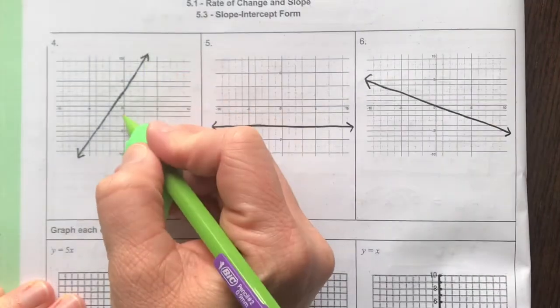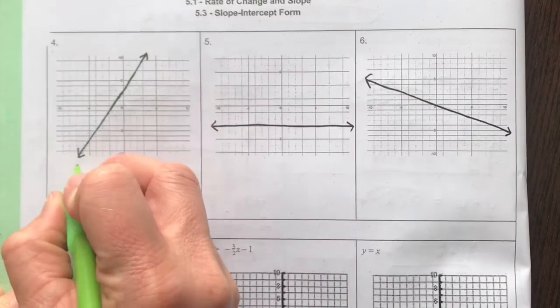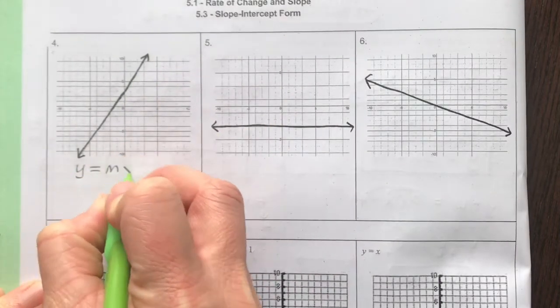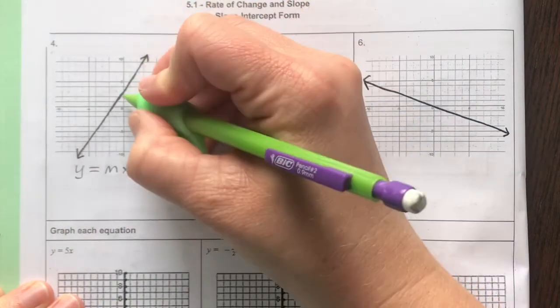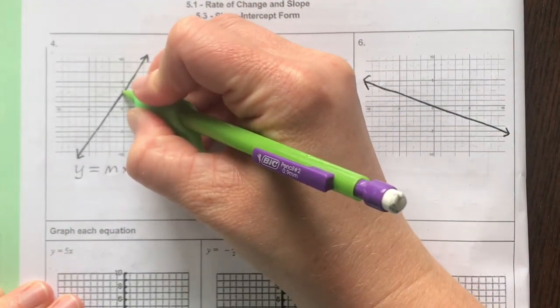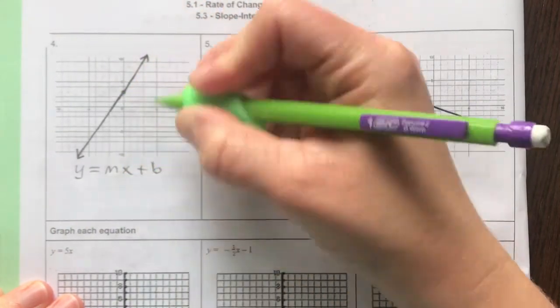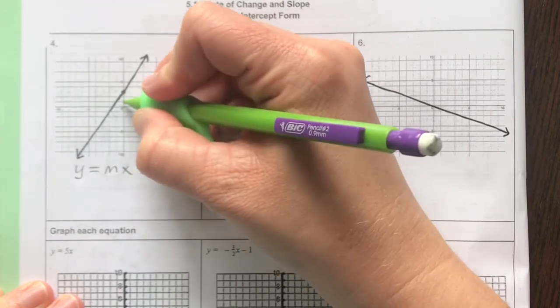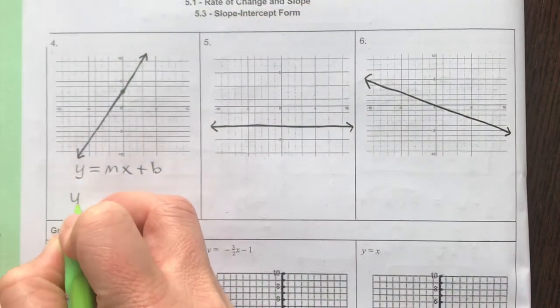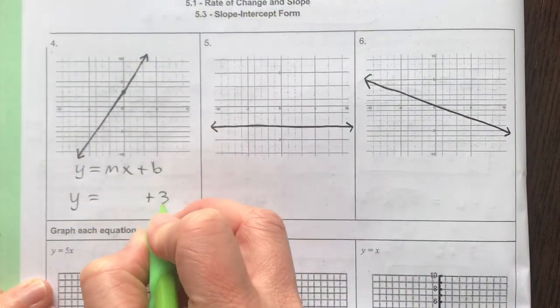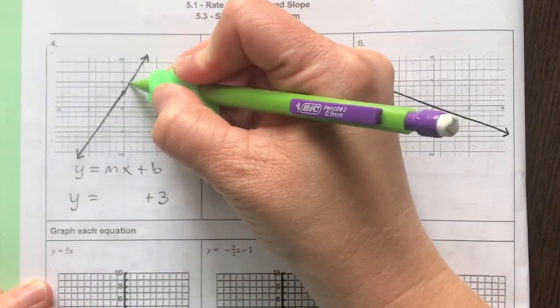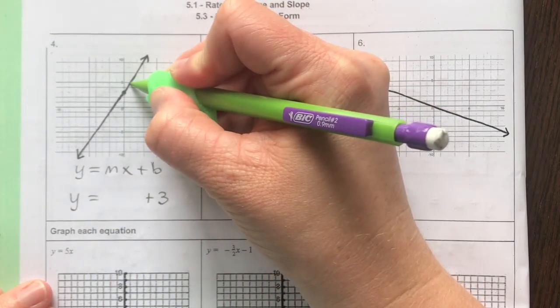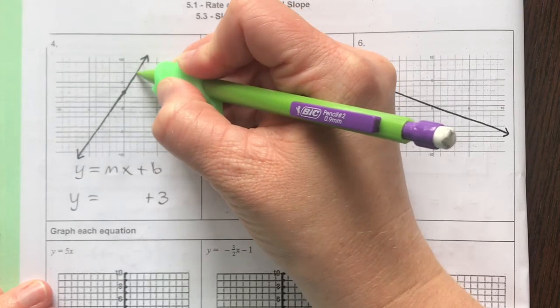This picture here is going to have the same format, y equals mx plus b. And what I'm going to start with is trying to identify the y-intercept, the b of my function. So I'm going to count up 1, 2, 3. So my function will have a +3. And now as best as I can, I want to see if I can find another point on the line and see if that remains true.